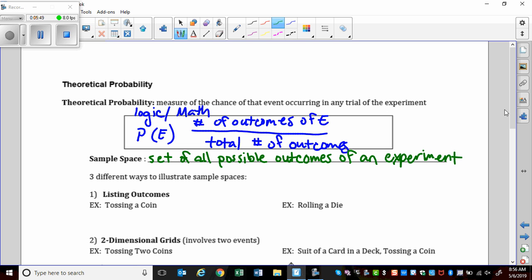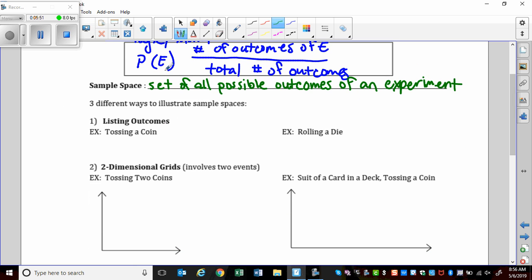Three different ways to illustrate the sample space. So listing the outcomes of tossing a coin. Those are three different ways to illustrate sample space of tossing a coin. We can just list the outcomes. We can use a two-dimensional grid. So if I want to list the outcomes, my sample space is, if I have two coins, I could have had heads and heads.